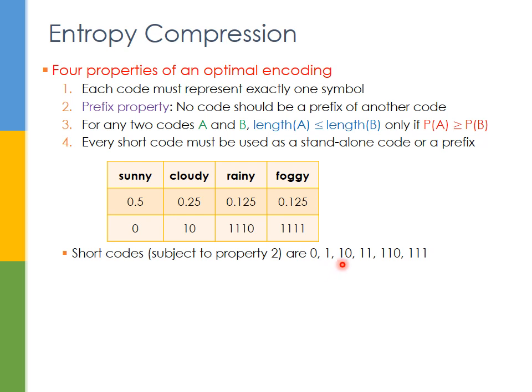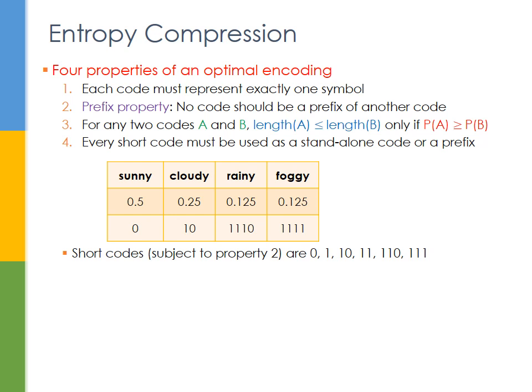We can also consider the short code 10, but again, no other codes are allowed that start with the code 10. So we exclude any 3-bit codes that start with 10. We can also consider 11, and then 110 and 111. And that includes all of the short codes that we potentially might consider.